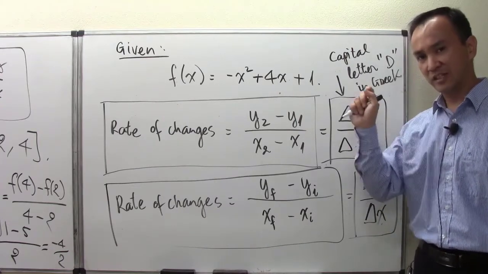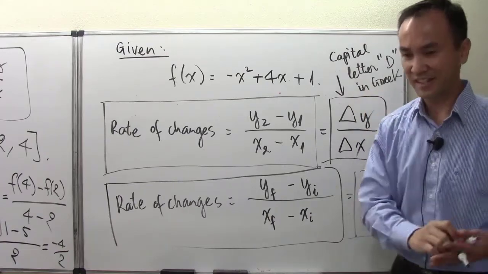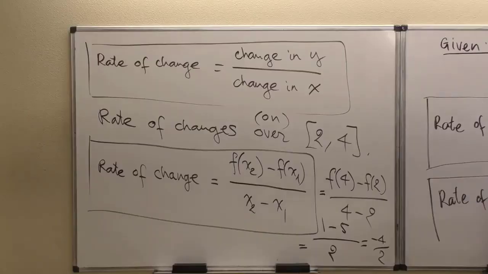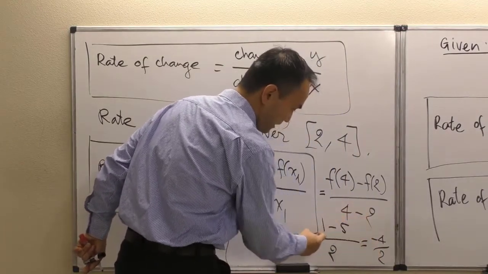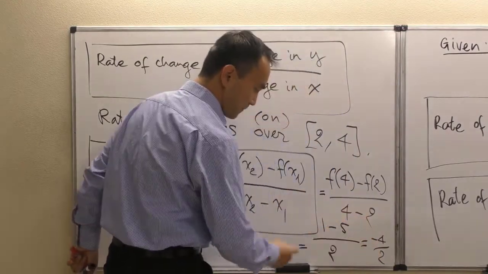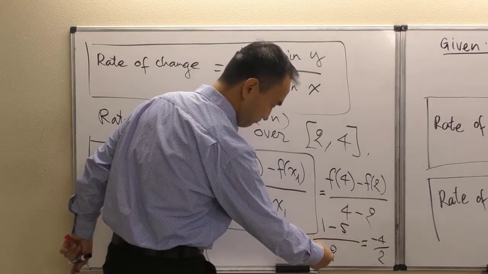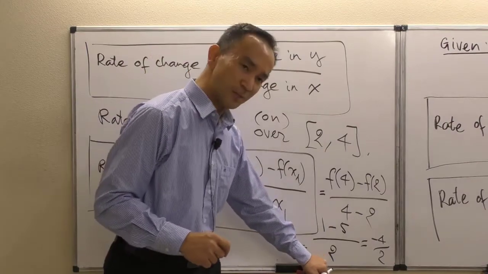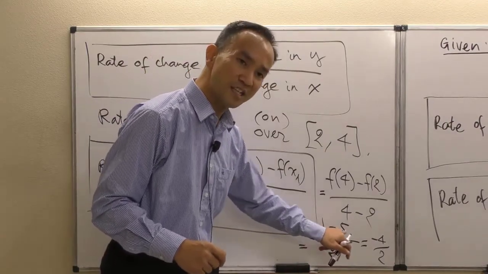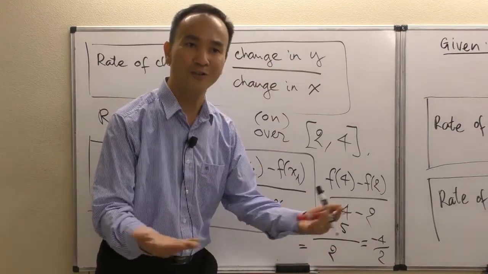If it was a negative, like the one that we're still having on the other board here, it's a negative delta y. See, 1 minus 5 is a delta y, and 4 minus 2 here is a delta x. So delta x is always positive, but in case delta y is negative, like this case, it's a fall over run.